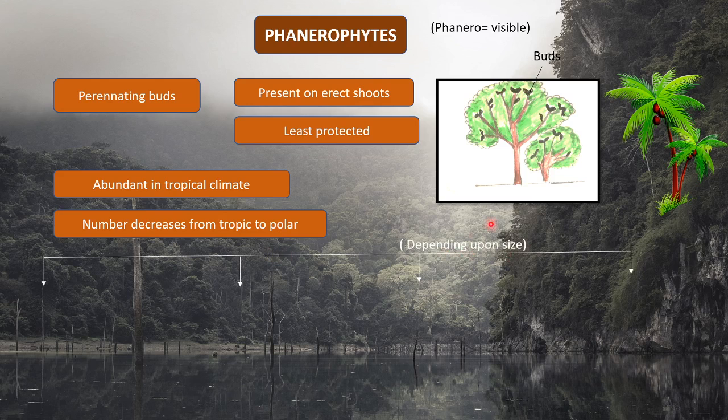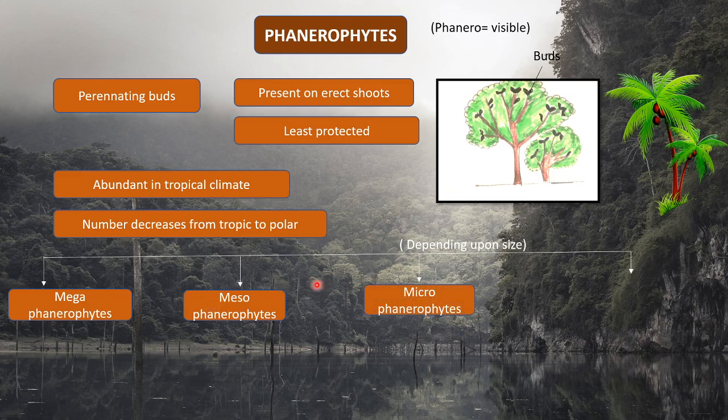Now depending upon the size of the plant, phanerophytes are mainly of four types: megaphanerophyte, mesophanerophyte, microphanerophyte and nanophanerophyte. Let us understand what megaphanerophytes are. As the name suggests, these are tall trees over 30 meters in height.